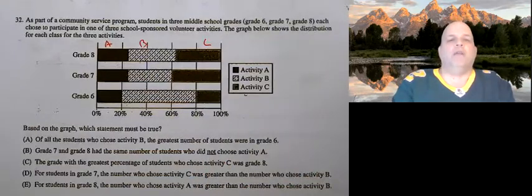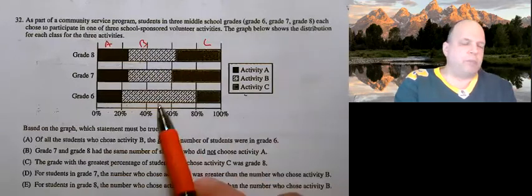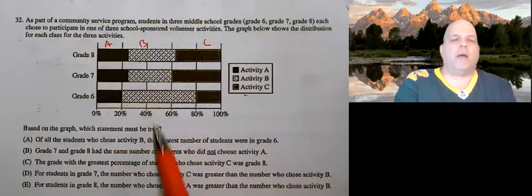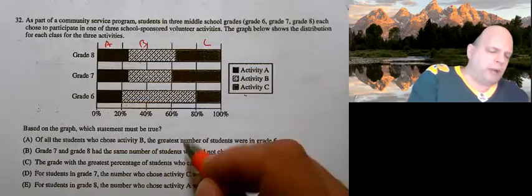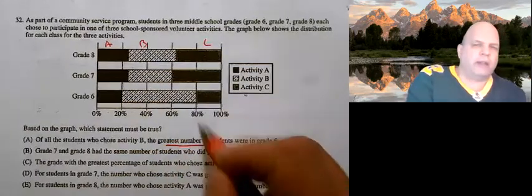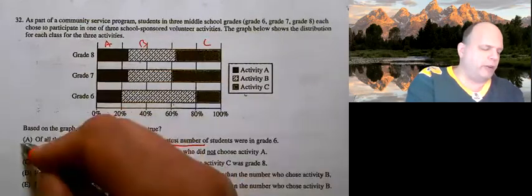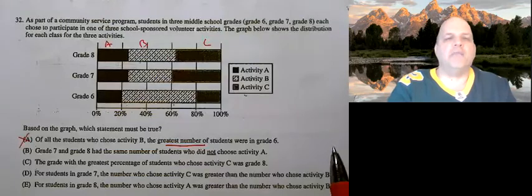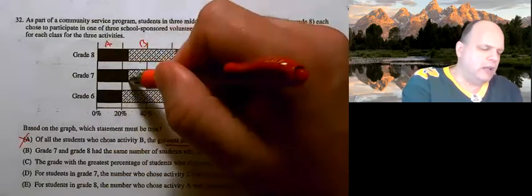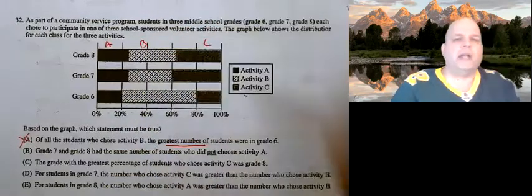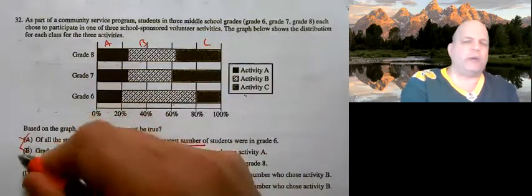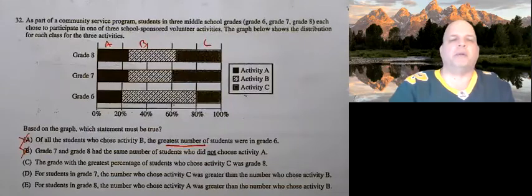We have no way of knowing. 6th grade had the greatest proportion, but we don't know how many, so we can't say that about the greatest number. Grade 7 and 8 had the same number. Once again, they had the same proportion, but we don't know how many 8th graders and how many 7th graders there are, so we can't say that.